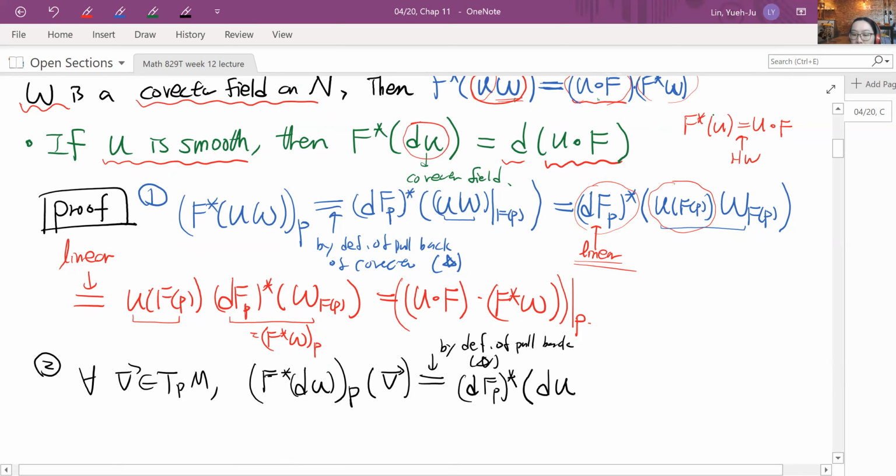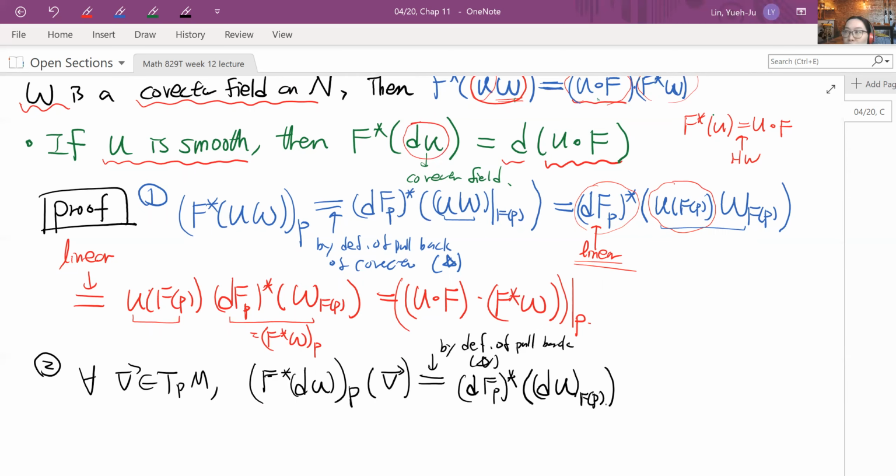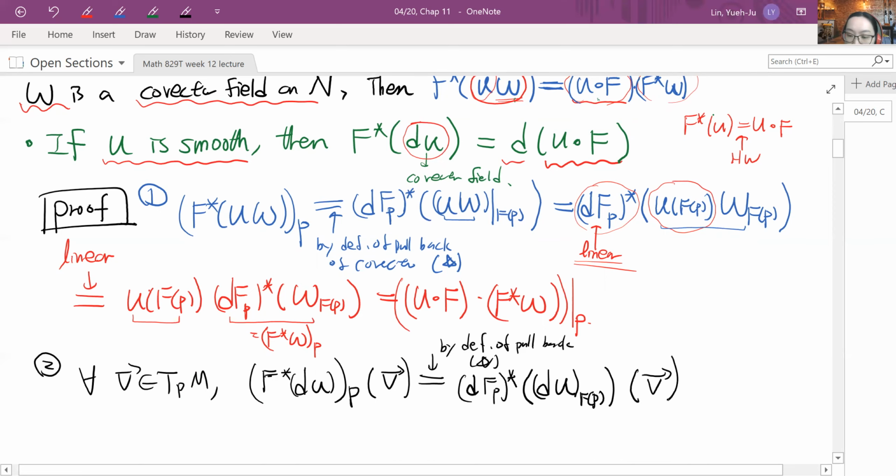This is a covector field. But when you pull back, you always pull back from the corresponding image. So you pull back du as a covector field, but the covector you pull back is at the point f of p. Once you do this, this will be a covector at p, and I want to plug in v.